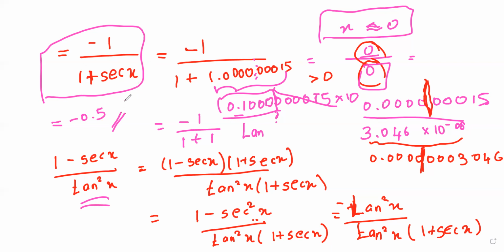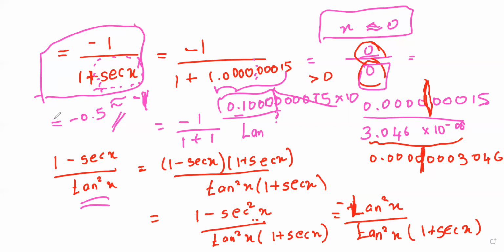You can also find whether this equation can be used for every situation. Let's say sec x is near to minus 1. In those cases, we can't directly use this equation.